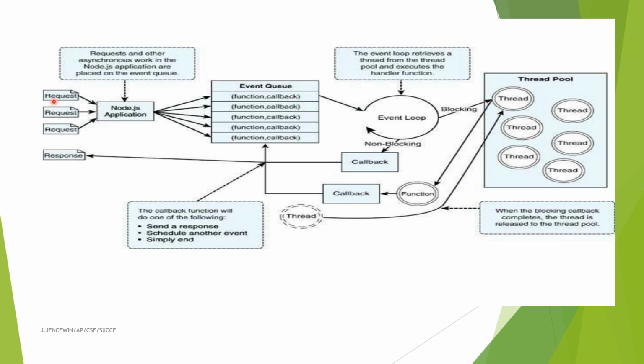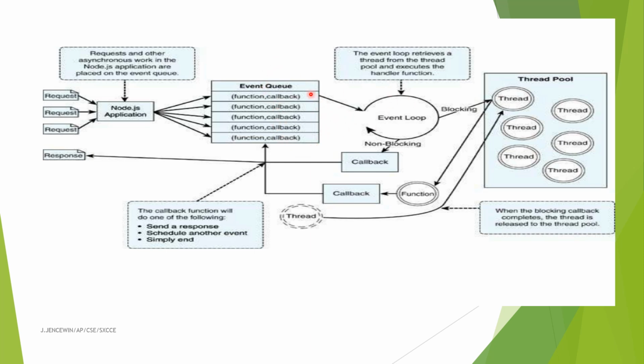So while receiving the request, all the subtasks are added with callbacks. A callback is nothing but a task that is executed inside another task or another function. And here in the event queue, we are implementing the single thread using the event loop, and the event loop runs on the event queue.